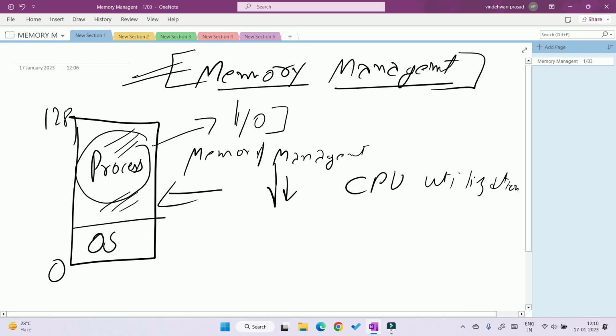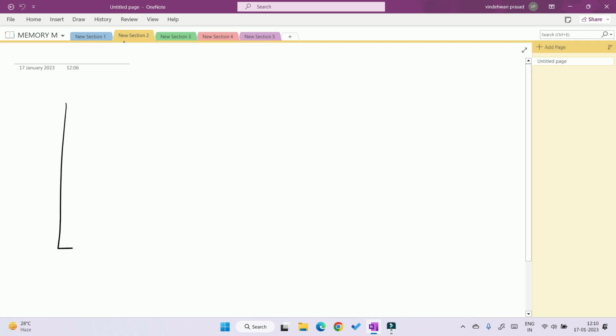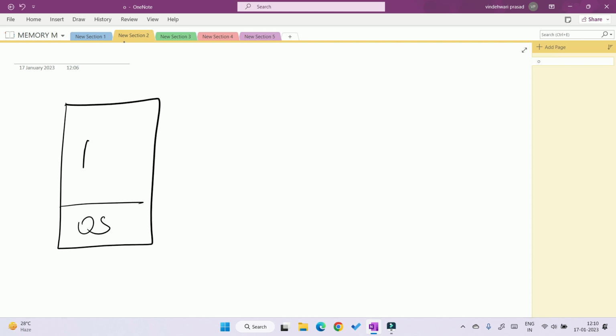After this, a new way of memory management came. Same memory, same OS. Here the process happens, but to increase the CPU utilization, we use context switching. I hope you know what context switching is from my previous video.